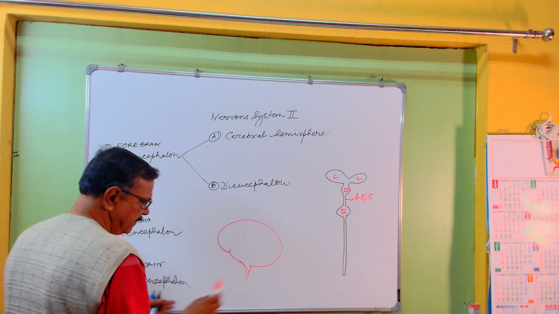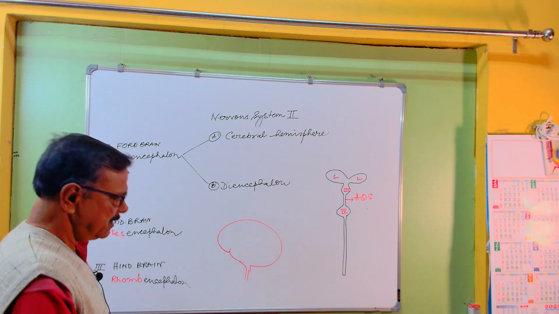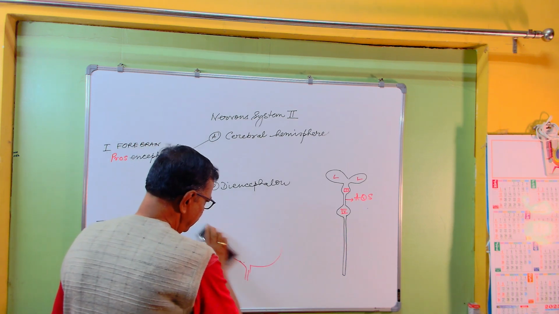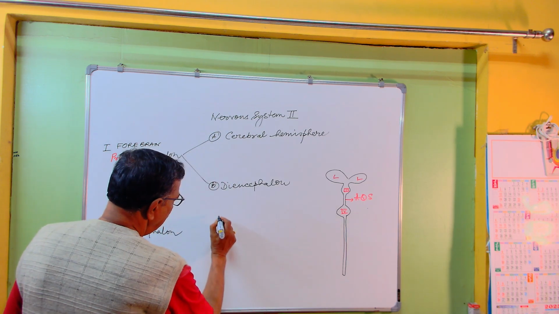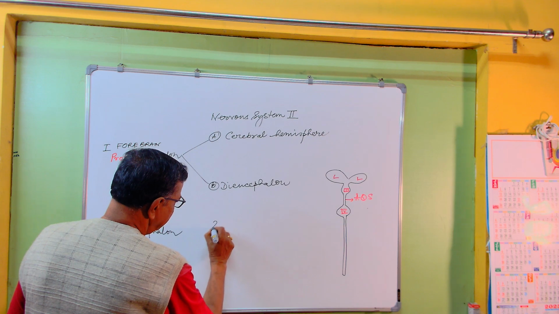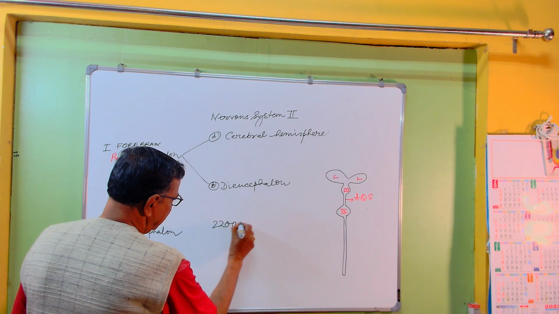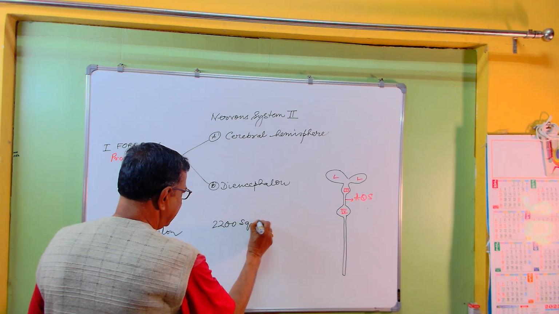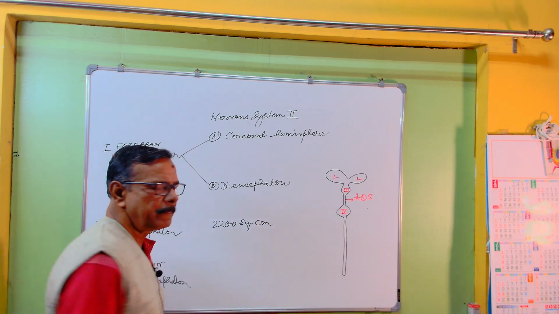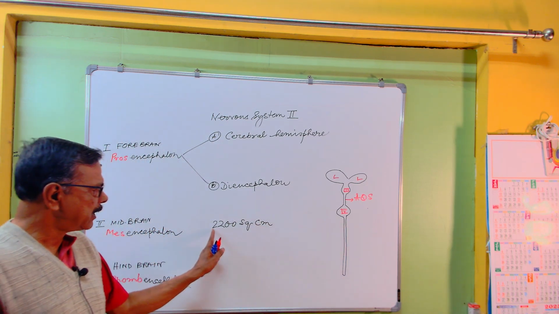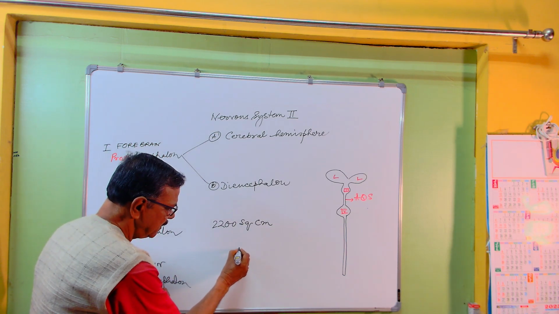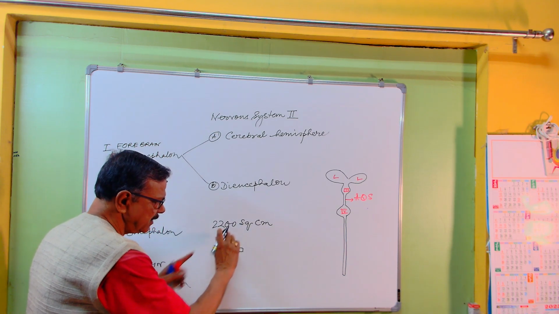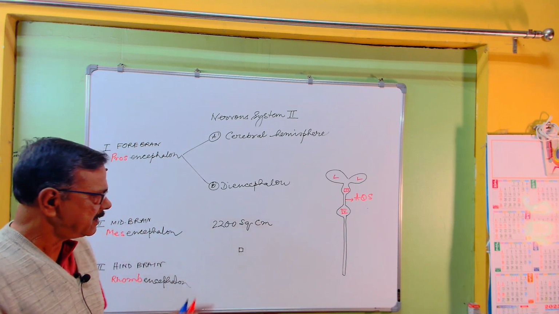This cerebral hemisphere actually has an area of 2,200 square centimeter. How much? It is 2,200 square centimeter in an adult.